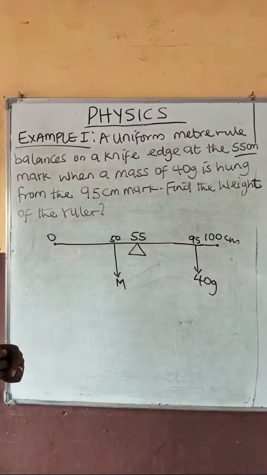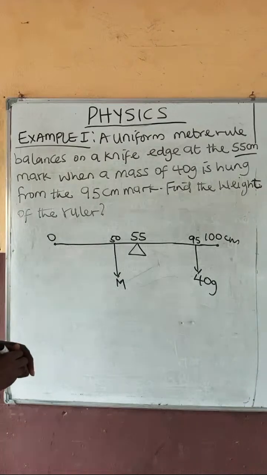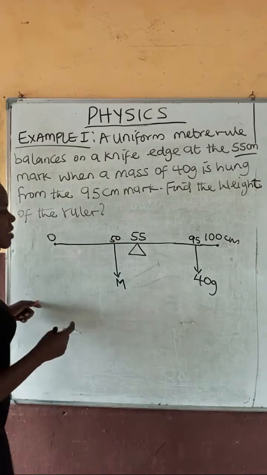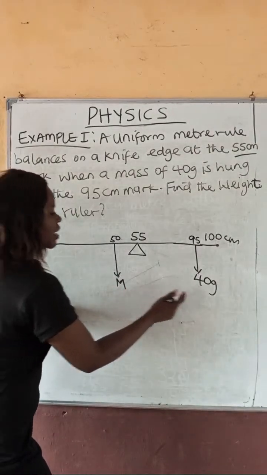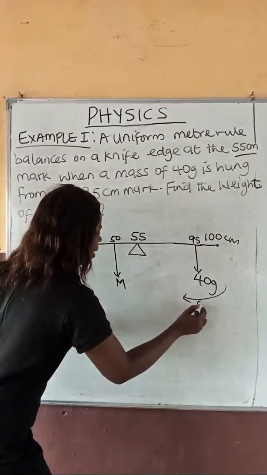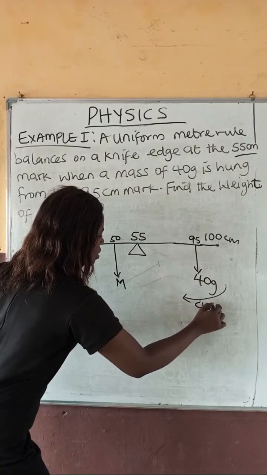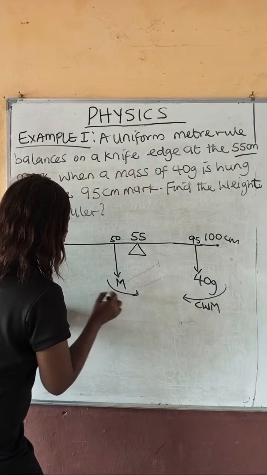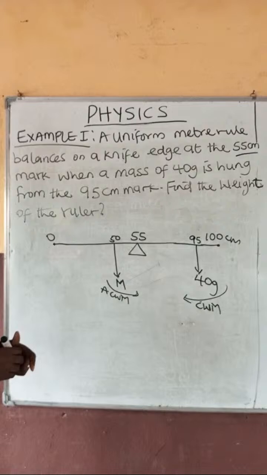Do you understand? Right. Now, following clockwise and anti-clockwise moments. This is clockwise, this is anti-clockwise, okay? This is clockwise moment. This is anti-clockwise moment, okay?